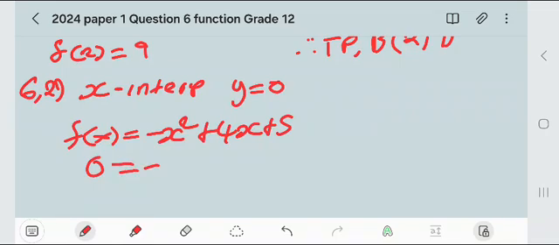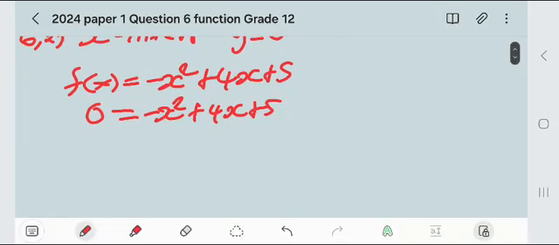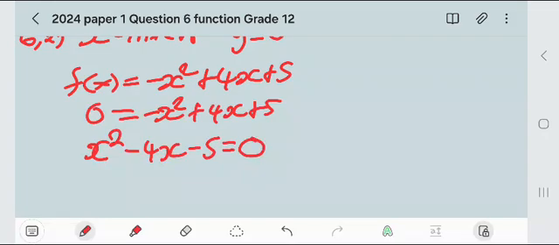Then I will take this to the other side, which will be x squared minus 4x minus 5 equals 0. I just transposed that.